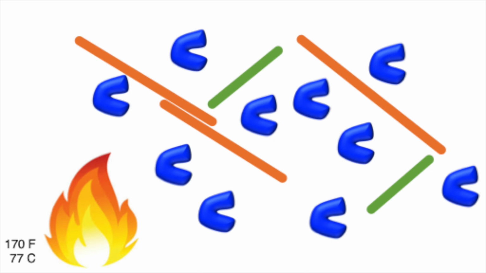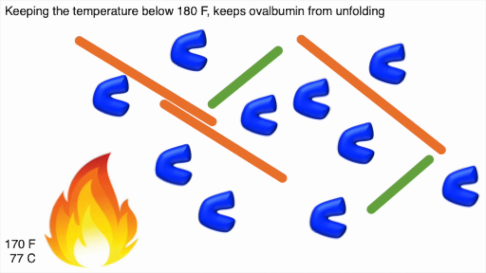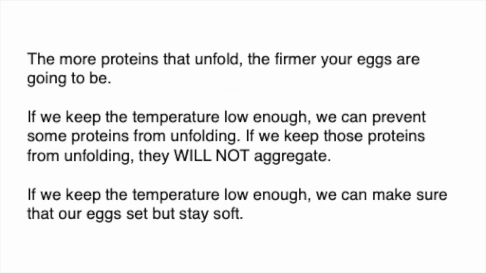And once they unfold, they start to aggregate. The more aggregation there is, the more firm our eggs are going to be. If we just unfold ovotransferrin and lysozyme, we still have some folded ovalbumin there, and so our eggs are not going to be quite as firm. The more a protein unfolds, the firmer your eggs are going to be.